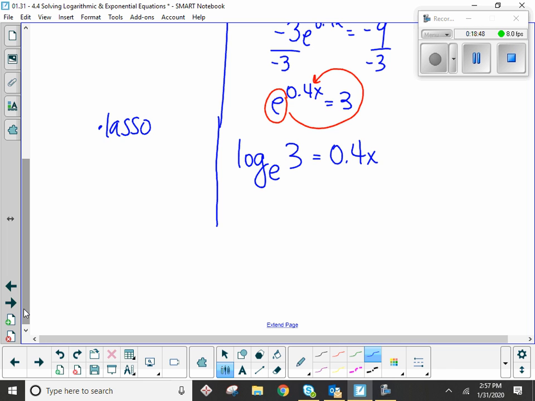Now on the other problems, once we lassoed, we were done. How come I'm not done here? I heard a 4. I have to take care of the 0.4. It's 0.4 times x. That's not hard, though. What do you do to both sides? Divide. Just divide. It's currently times 0.4. We're going to divide by 0.4.